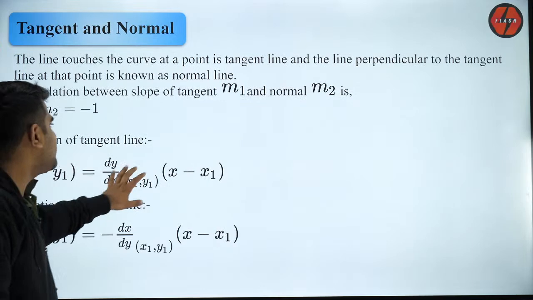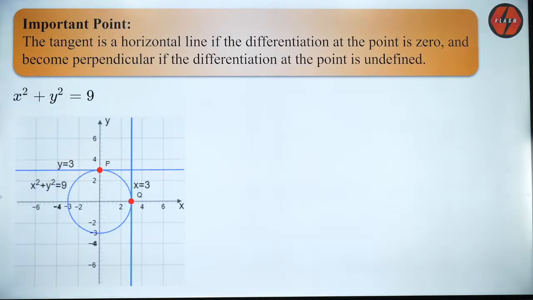But before that, let's look at the fine points. Whenever the tangent is a horizontal line, do you agree the slope is 0? Yes, absolutely.